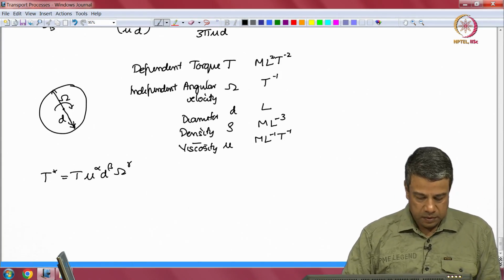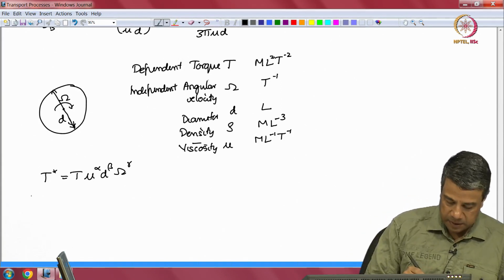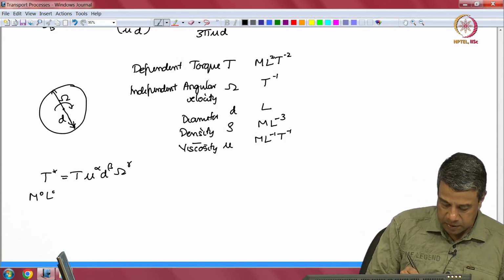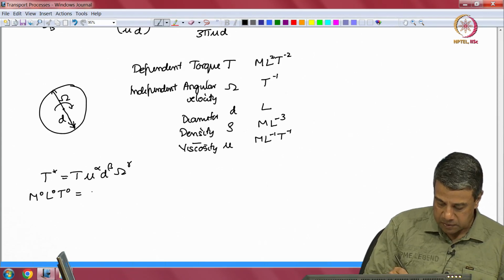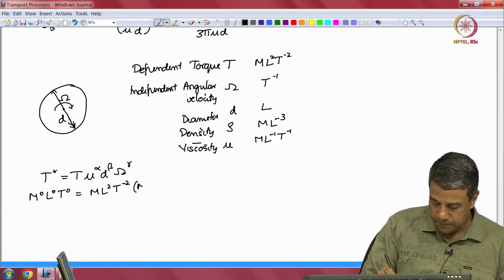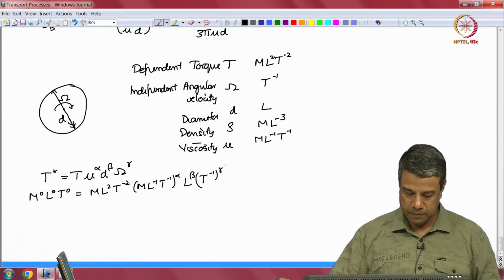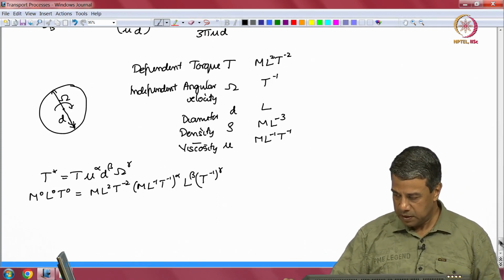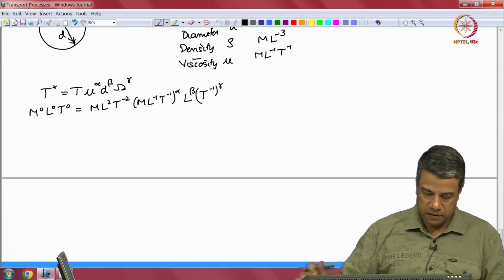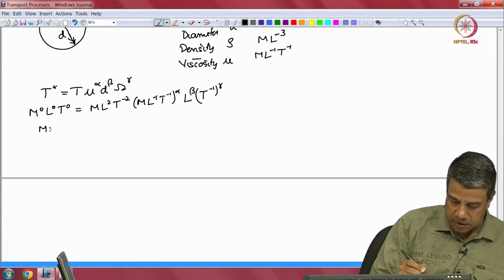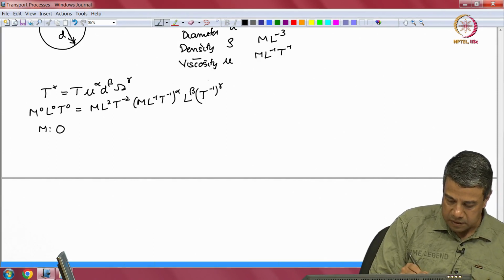Dimensions on the left and right side: M power 0, L power 0, T power 0 is equal to m L square T power minus 2, to the power alpha, L power beta, T inverse power gamma. And then write down the coefficients of the different dimensions. The mass dimension: 0 is equal to 1 plus alpha.